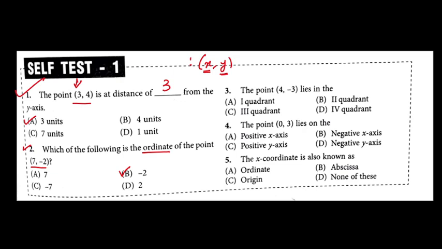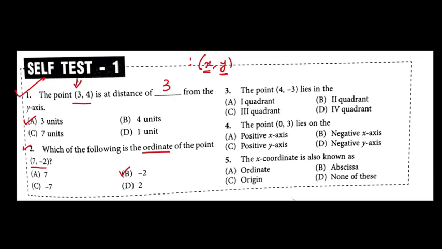The easiest way to remember this is that the first quadrant is enclosed by the positive x line and the positive y line. The second quadrant is enclosed by the negative x line and the positive y line, so minus plus.